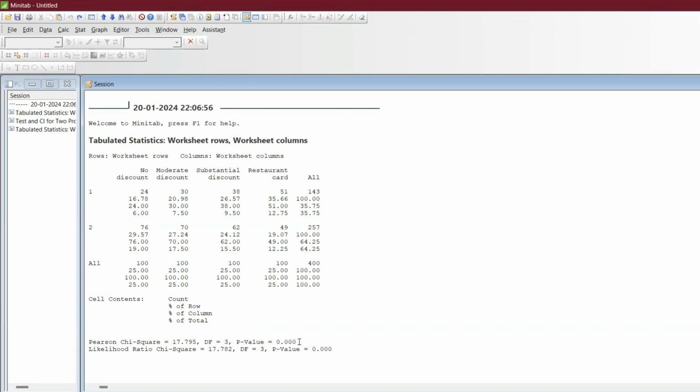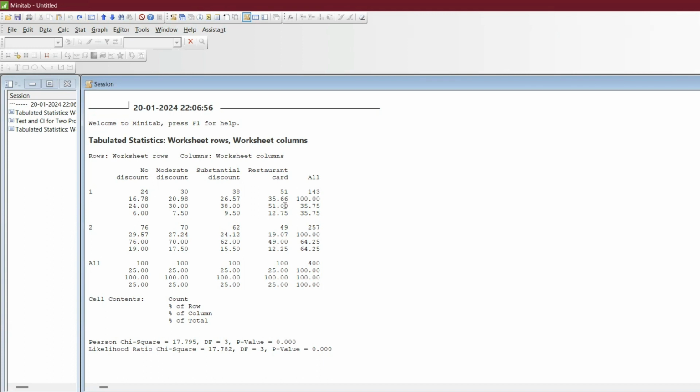That means the subscription continuation after the trial period depends on which scheme you offer, whether no discount, moderate, substantial, or restaurant. In my view, the best option is the restaurant card, through which we get 51 percent continuing.